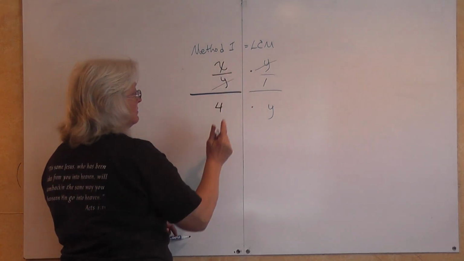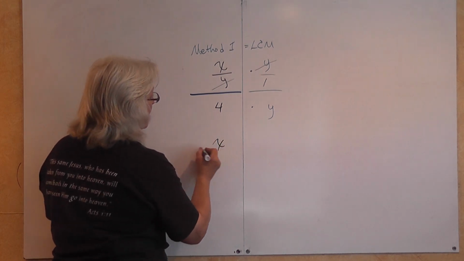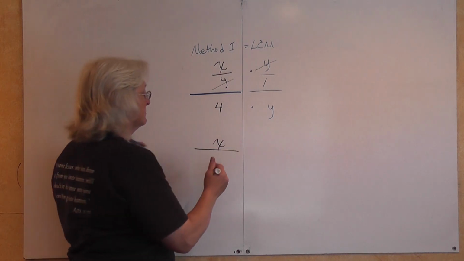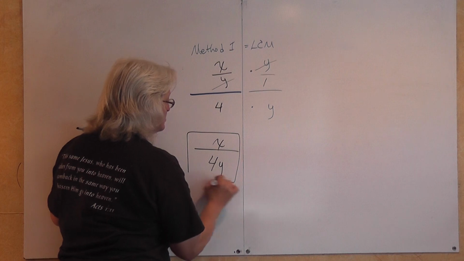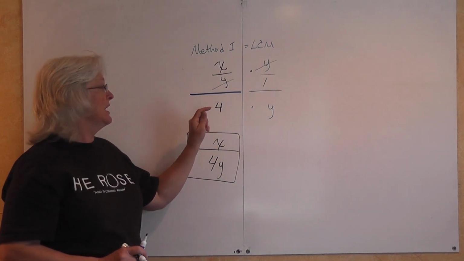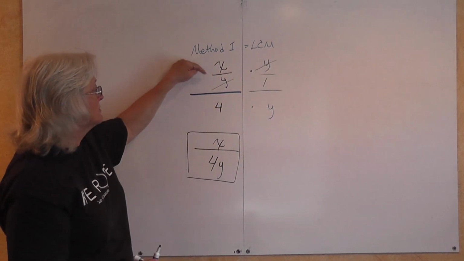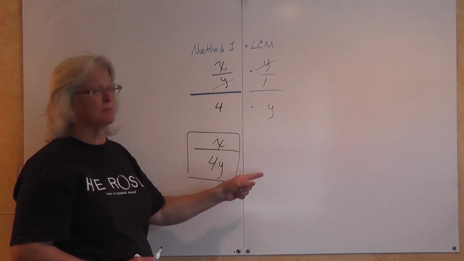What does that leave us in the numerator? We have x. What do we have in our denominator now? We simply have 4 times y. So the solution to our original problem, x over y divided by 4, which might have looked just a little bit strange to you, isn't hard at all to do.